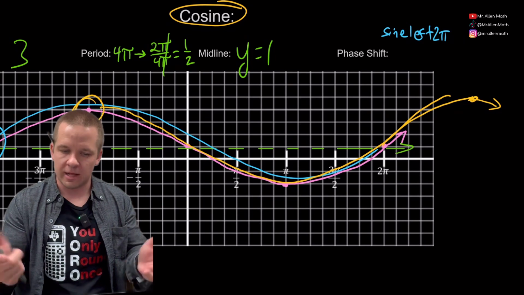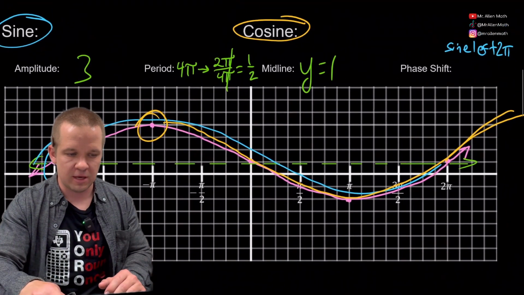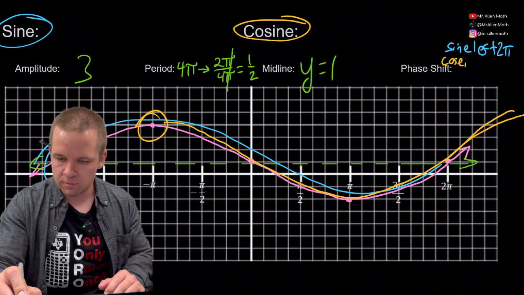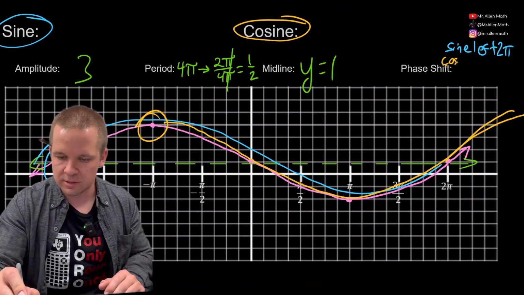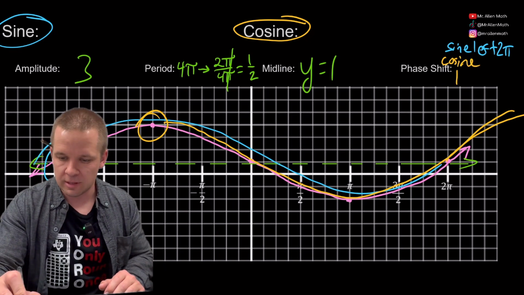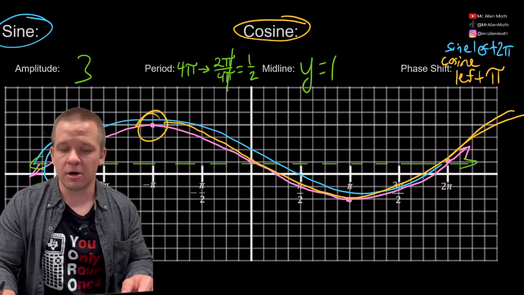Still, it's a period of 2 pi like we talked about. But all we're really worried about now is that phase shift of the cosine graph. So cosine, that is going to be left by pi. Cool. I think we got enough information to write our equations here.